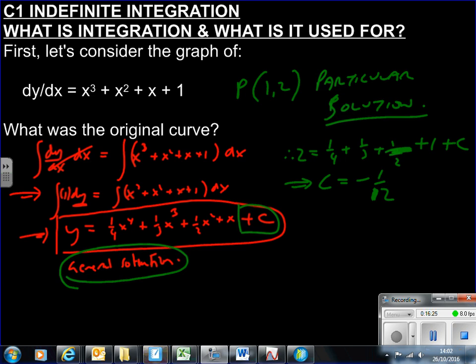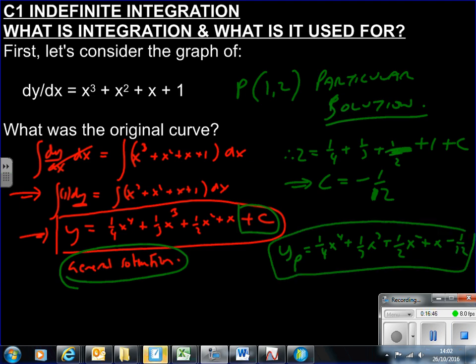So c equals minus 1 over 12, and therefore my yp, so that means particular solution, my finished article is a quarter x to the 4 plus a third x cubed plus a half x squared plus x minus 1 over 12. And that's finished. So you could call this yp, and you could call this yg to signify which solution you found.